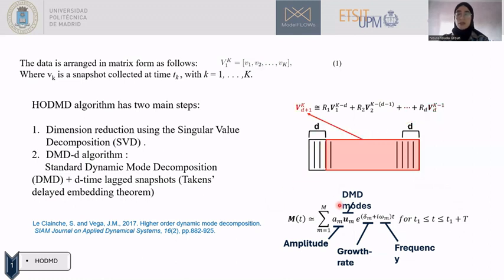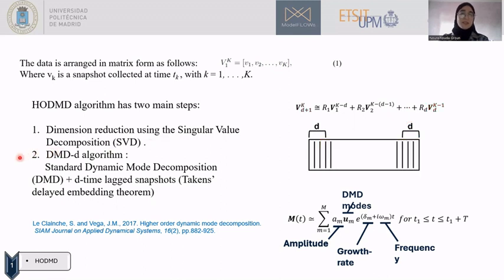These modes have their own frequencies, growth rates, and amplitudes. In order to reconstruct this expansion, the HODMD technique takes two main steps. The first step is dimensionality reduction using the singular value decomposition, and it's mainly done for denoising.